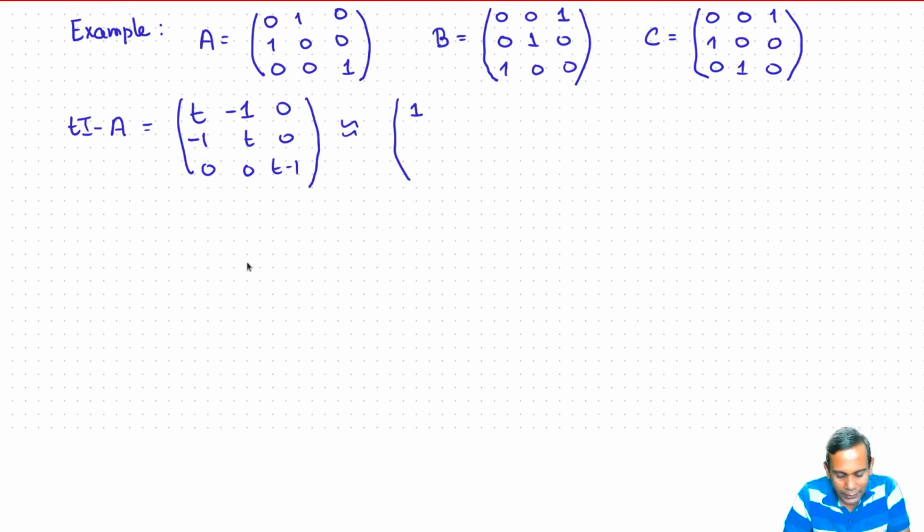Every 2 by 2 minor is divisible by t minus 1. And to compute the third element on the diagonal, we just have to compute the determinant of this matrix and divide by t minus 1. The matrix is block diagonal, so the determinant is easy to compute. It's t squared minus 1 into t minus 1. So dividing by t minus 1, we get t squared minus 1.